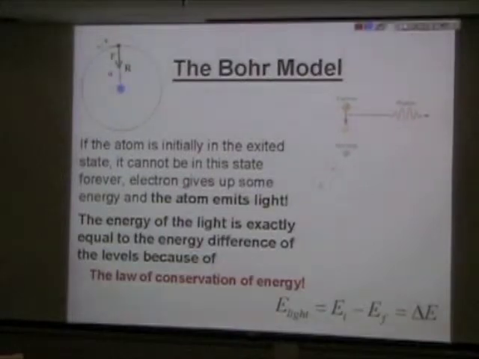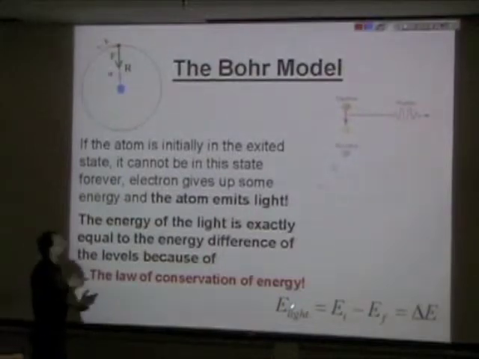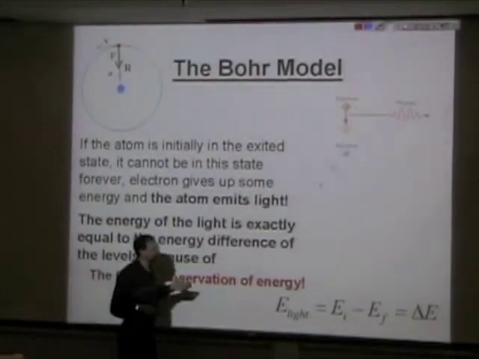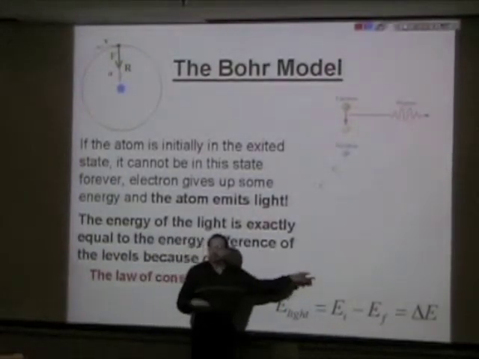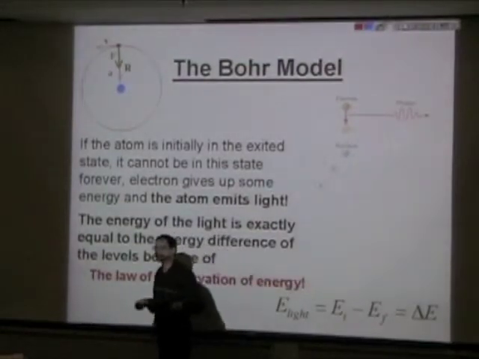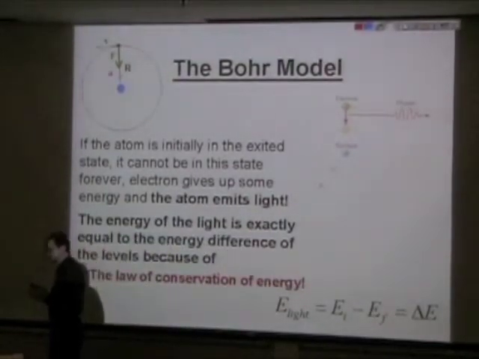We say an electron jumps from a lower energy level to a higher energy level. And of course, the law of conservation of energy tells us how the energy of a single photon is supposed to be related to the change in the energy of the electron. Energy doesn't disappear.